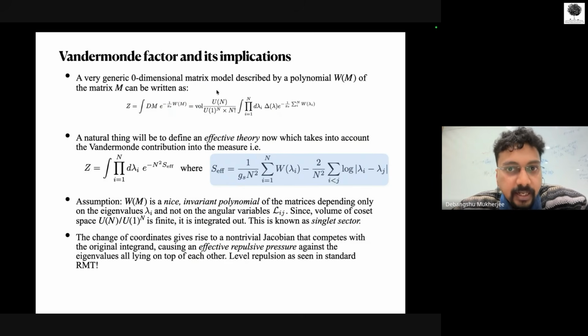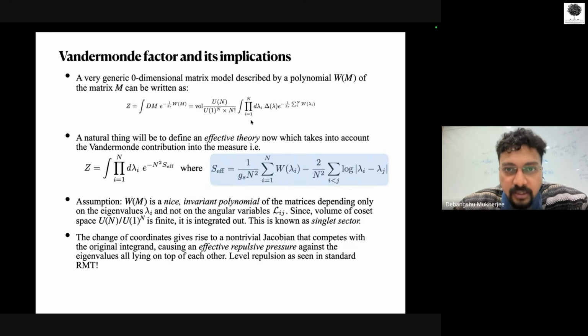So that's why we can take it out of this integral, and that's why you see this volume has now appeared in front. Whatever W you think of, say trace M to the power k, is simply going to be lambda 1 to the power k plus lambda 2 to the power k, and so on and so forth. All of these things you can write purely as polynomials of the eigenvalues of the matrix M. You do not need any information from the non-diagonal part. And that's what is meant by modding out this invariant non-diagonal volume.